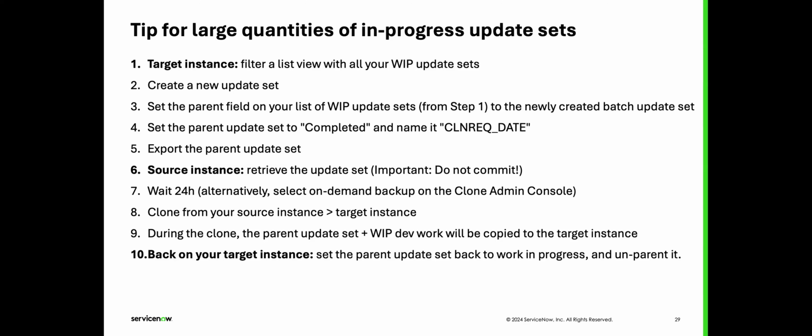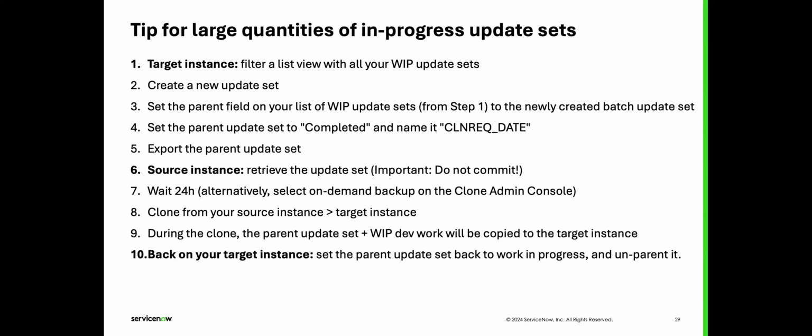One strategy, if you have a lot of teams and a lot of update sets, is to get your list of in-progress update sets, create a brand new update set as a parent, and batch your in-progress update sets under that parent. The easiest way to do that is on the list view, where you can multi-select your records.